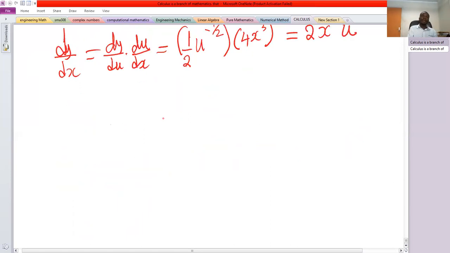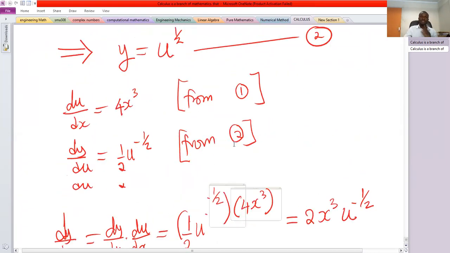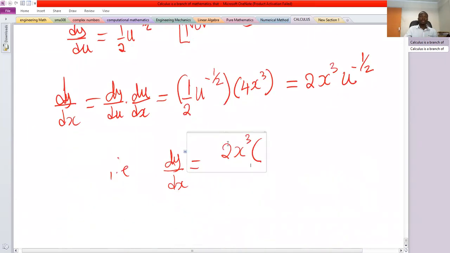I.e. dy dx will be 2x power 3 times, remember our u in this question is x power 4 plus 1, raised to minus a half.